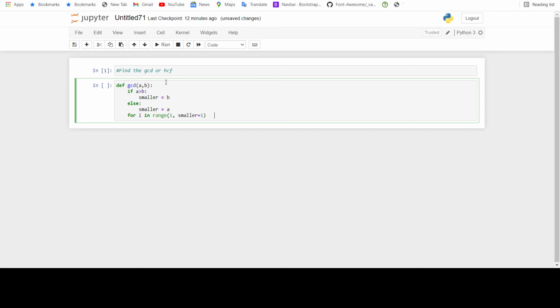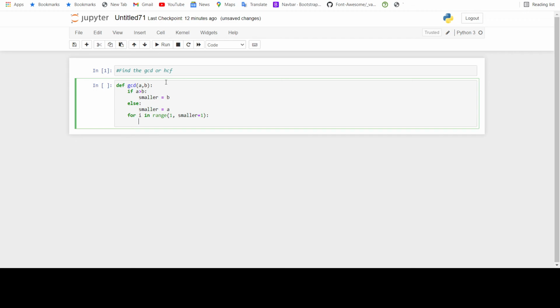If I take the numbers 10 and 20, the smaller number is 10, and I must include 10, because 10 is a factor of 10 and 20. For this I need to find the highest common divisor, so I need to increment the for loop by 1.